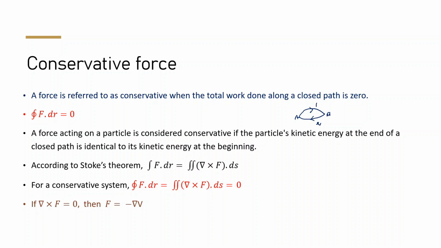Here dS is not equal to 0, therefore curl of F should be equal to 0. If curl of F equal to 0, then F is equal to minus grad V. If curl of a vector equal to 0, then that vector should be the negative gradient of a potential, a negative gradient of a scalar quantity. That is a general rule.